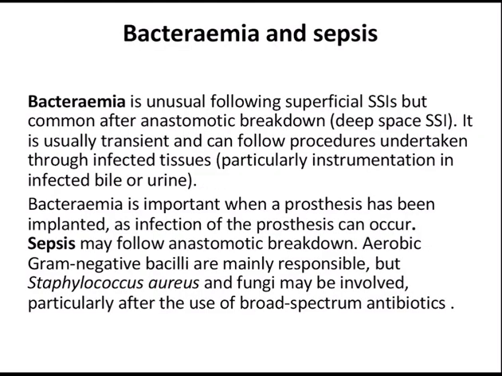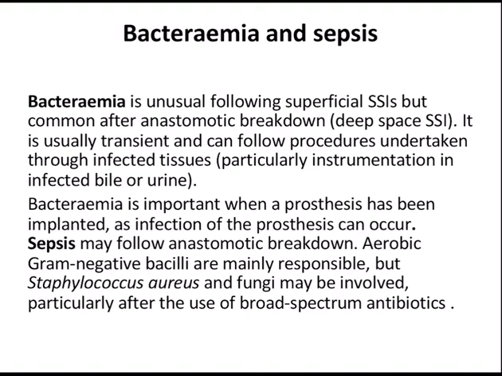Bacteremia and sepsis. Bacteremia is unusual following superficial surgical site infections, but common after anastomotic breakdown. It is usually transient and can follow procedures undertaken through infected tissue, particularly instrumentation in infected bile or urine, such as cystoscopy.